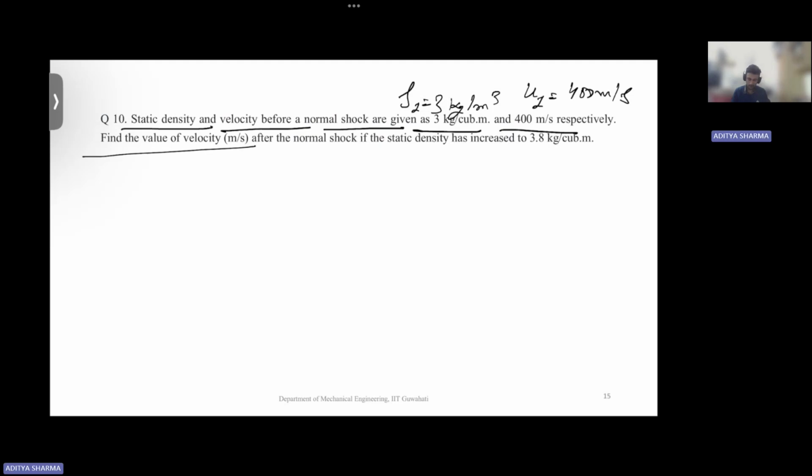Find the value of velocity after the normal shock if the static density has increased to 3.8. So how do we solve this?